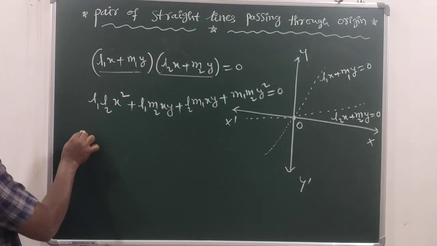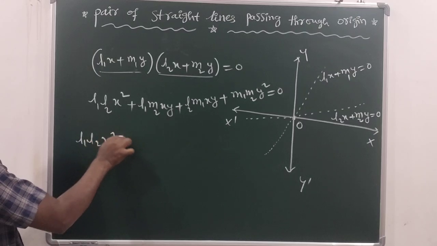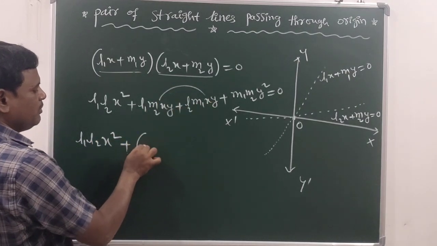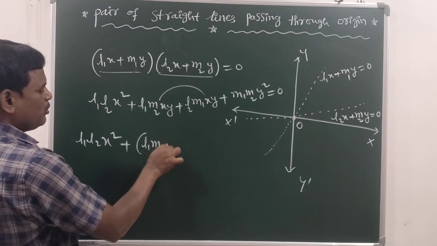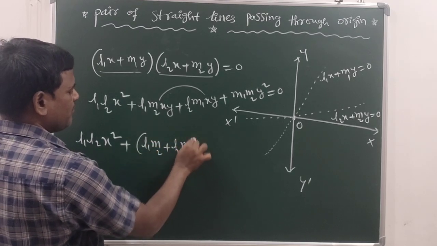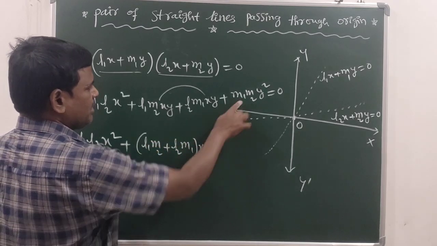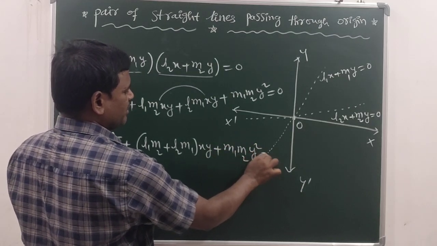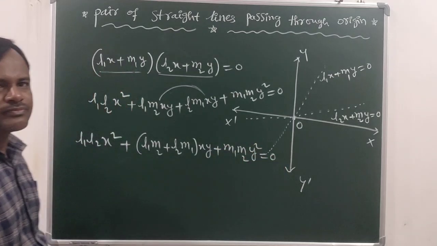So here L1 L2 x square, from the middle take xy common so that you will get L1 M2 plus L2 M1 xy, plus M1 M2 y square equal to 0.